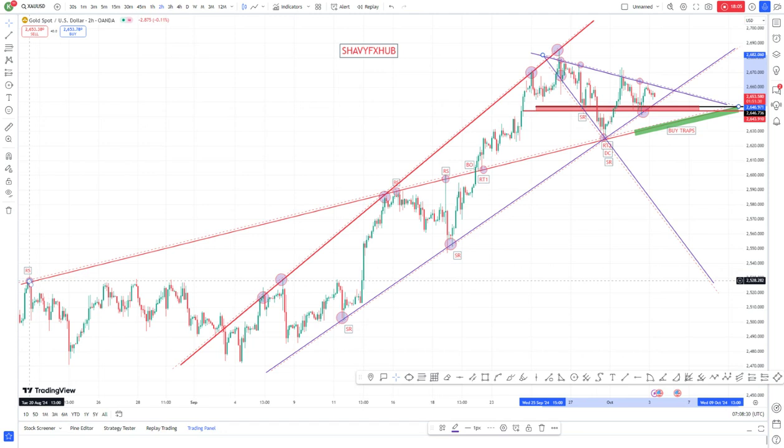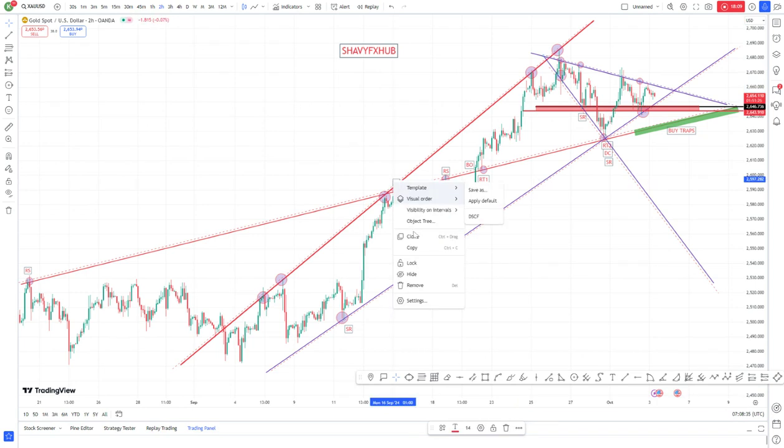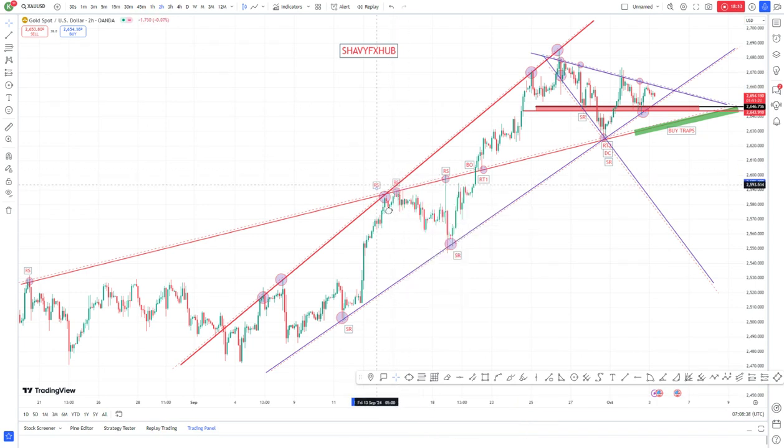Resistance touch, resistance touch, resistance touch, resistance touch. One, two, three, four. Four resistance touches in an ascending manner. Breakout from an ascending resistance structure.